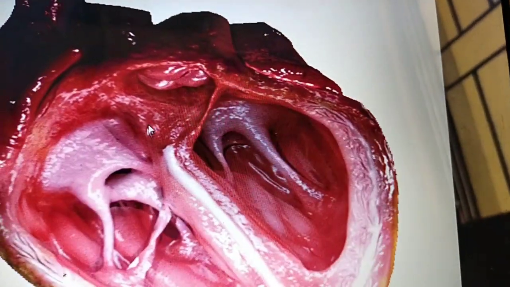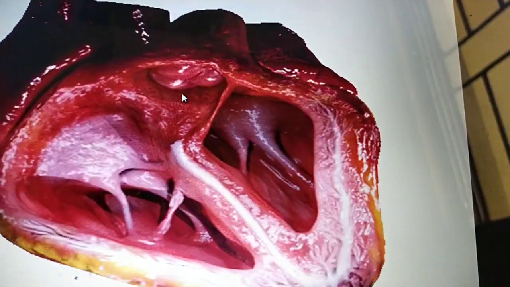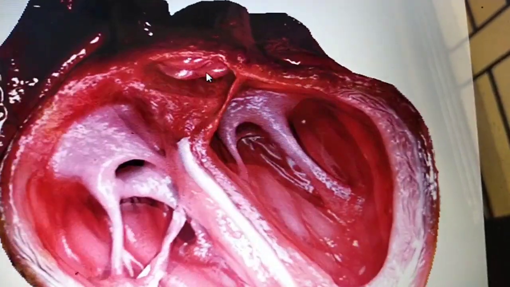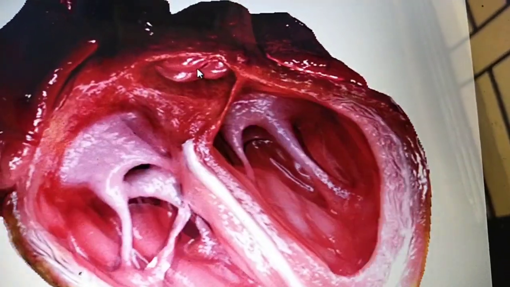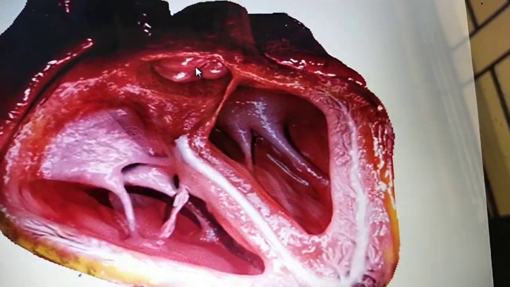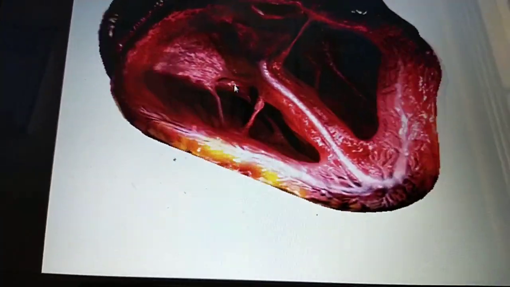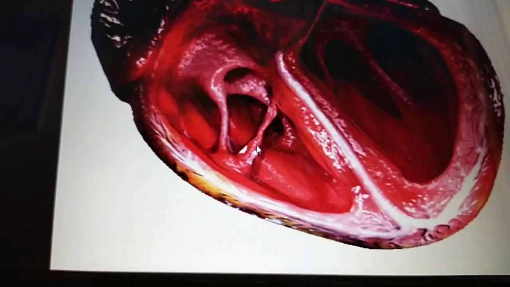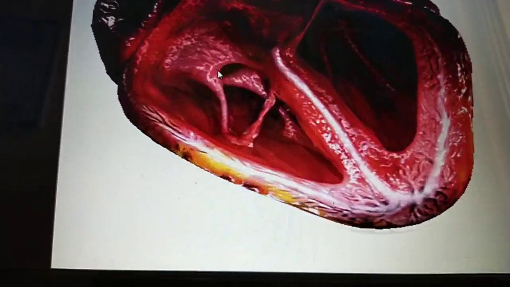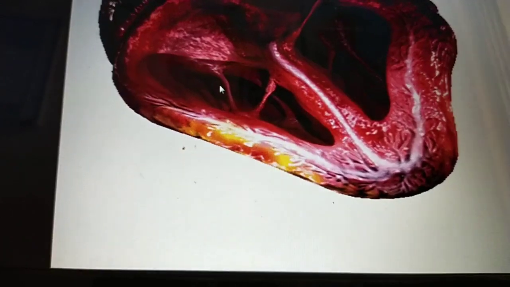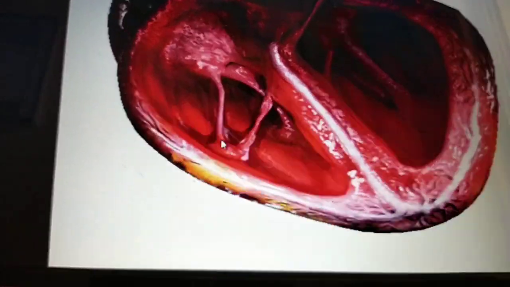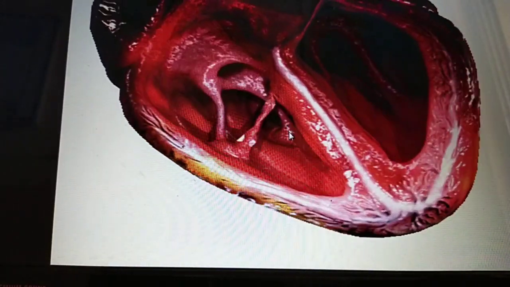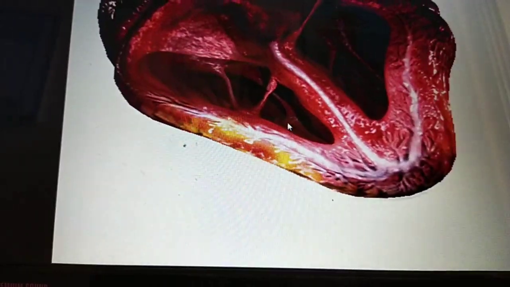And here, this is the outlet or outflow tract, and this is the pulmonary trunk, and this is the infundibulum, and here are the pulmonary valves. You can see some structures or projections here. These are the chordae tendineae, and these are the papillary muscles of the ventricle, and these are trabeculae carneae.